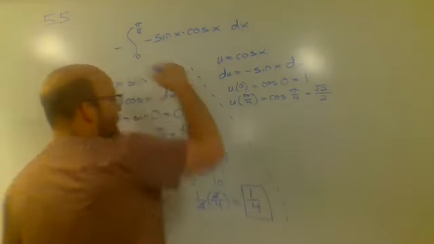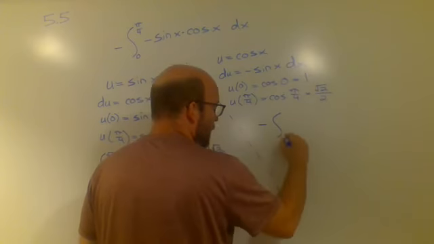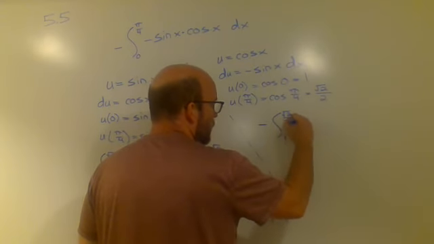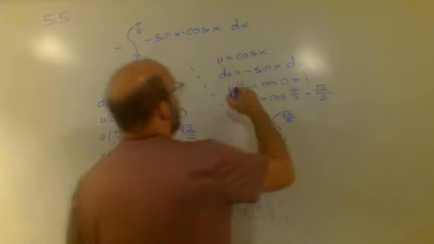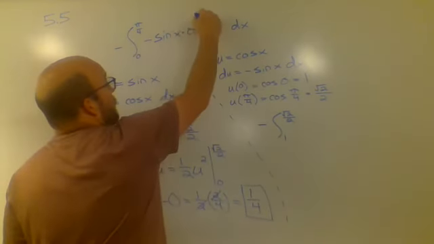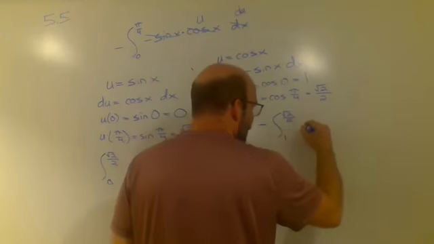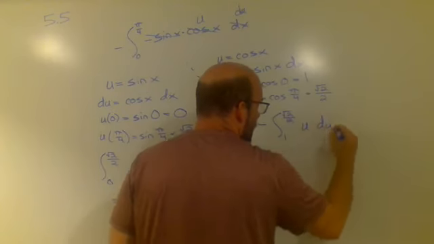So we ended up with a negative sign in front. So we have negative, from 1 to square root of 2 over 2, and just remember that cosine of x got replaced with u, and sine of x dx is now du, so it's the exact same u du here.